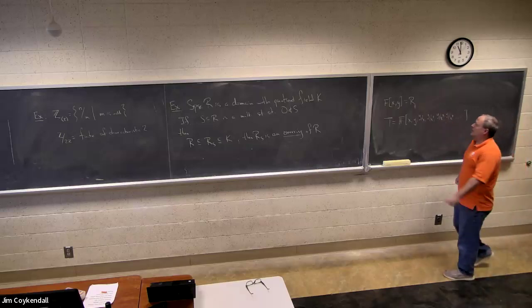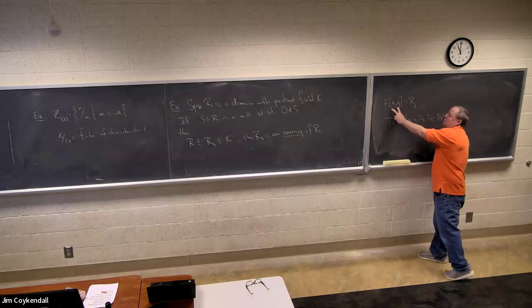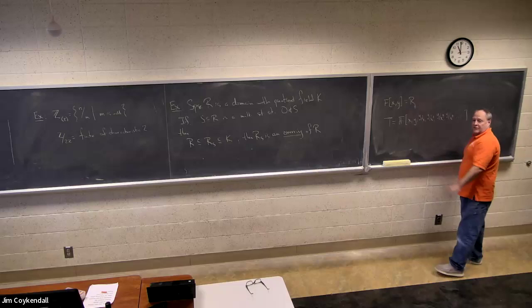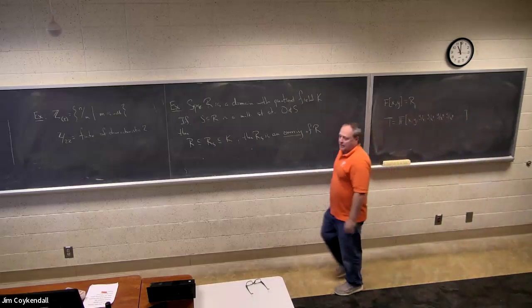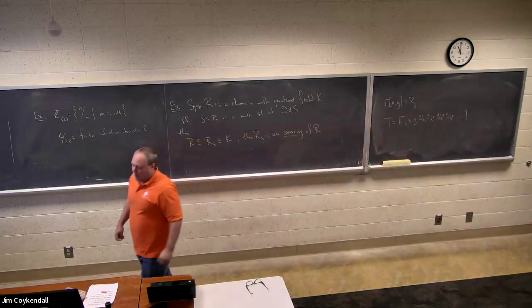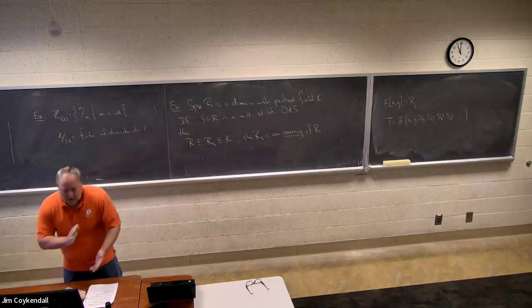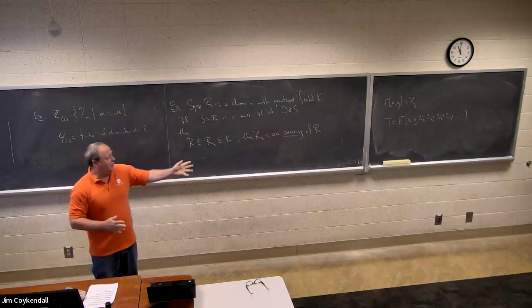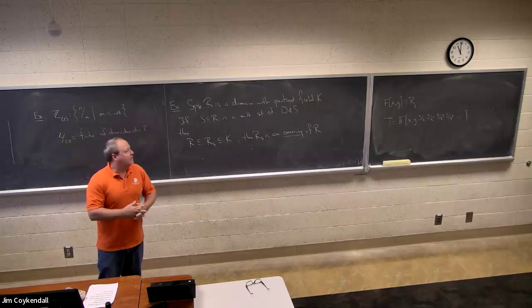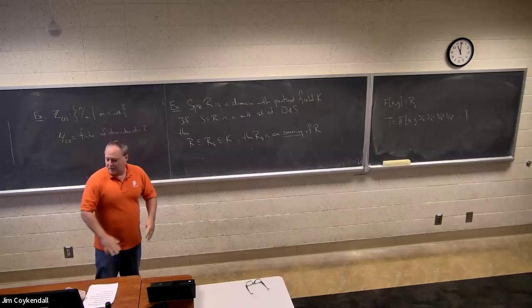This is an overring of a two-dimensional unique factorization domain that is neither a localization nor is it Noetherian. So anyway, you might think about that. Why is it the case that there are ideals that are not finitely generated, and why is it the case that this is not an overring of the original R?